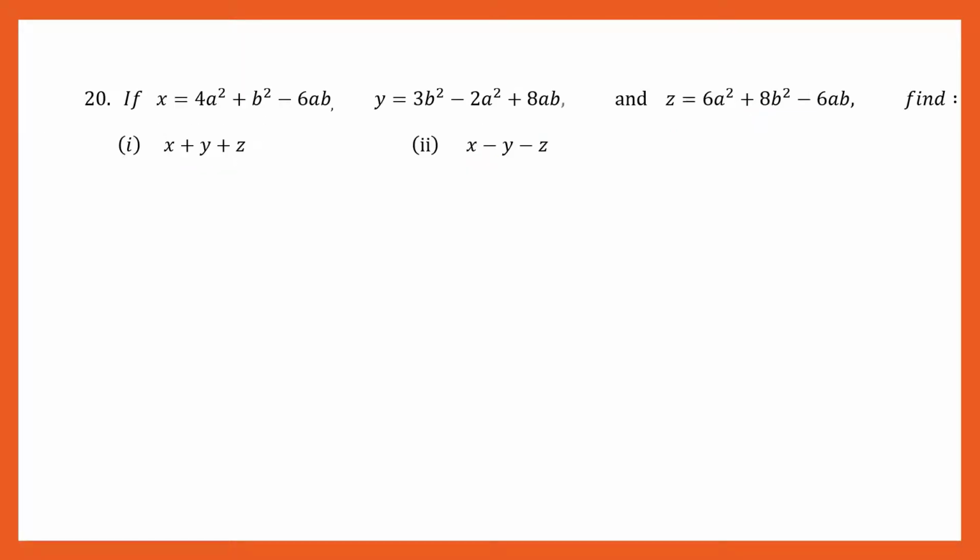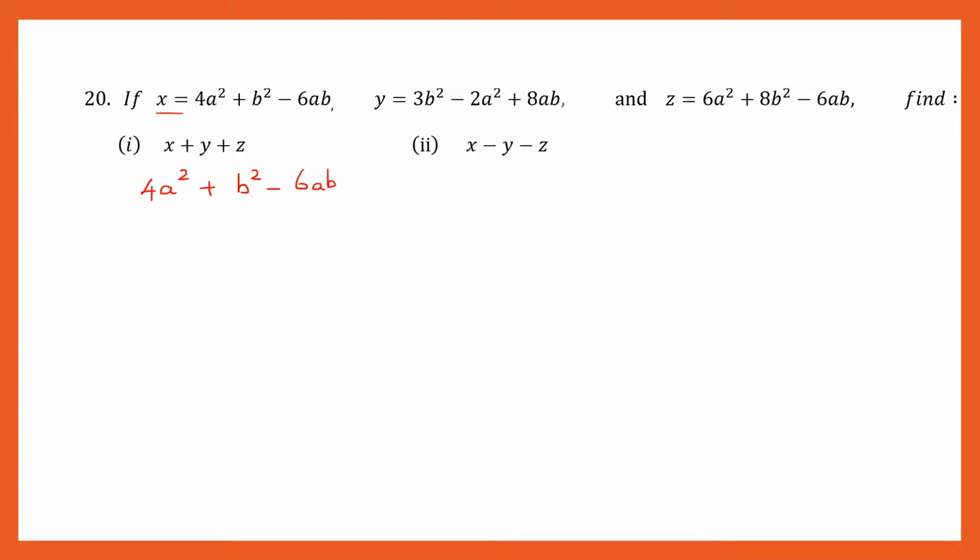Moving on to the next question. They have told us what x is and y is and z is. Now we need to find the first question, x plus y plus z, and the second one, x minus y minus z. So let's start that. X plus y plus z. So what is x? It's given here. Let's write down that 4a square plus b square minus 6ab.